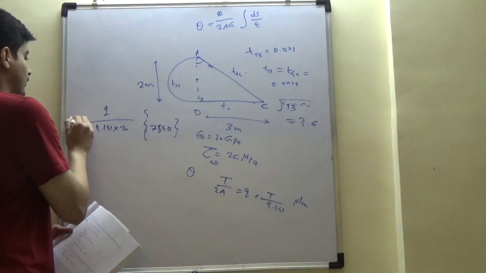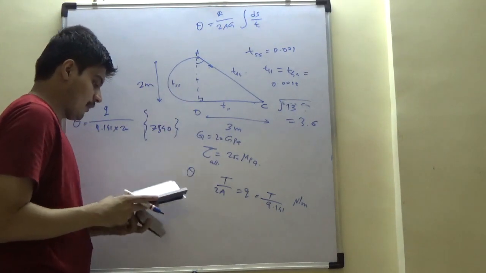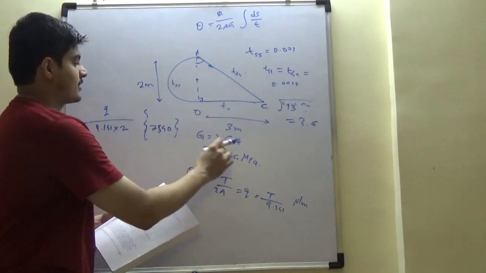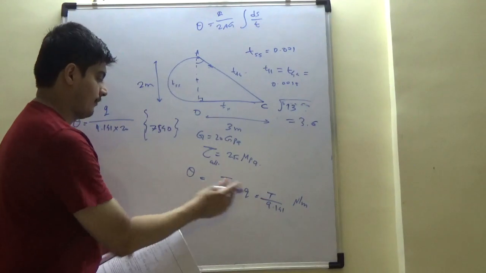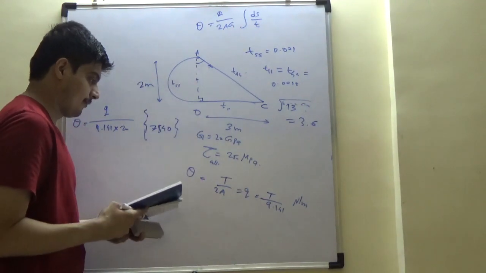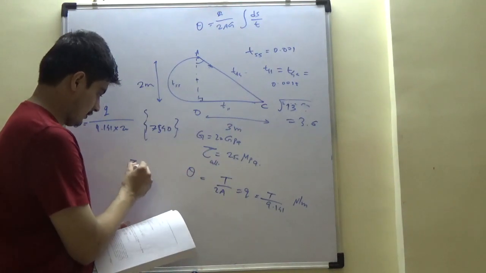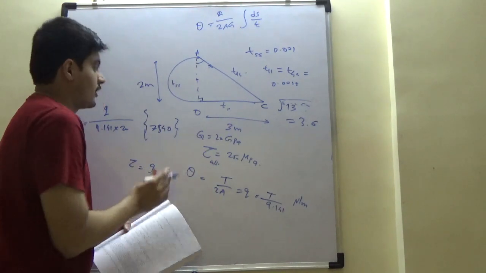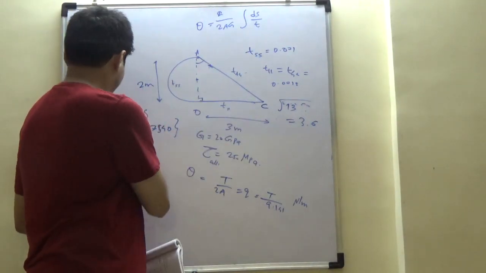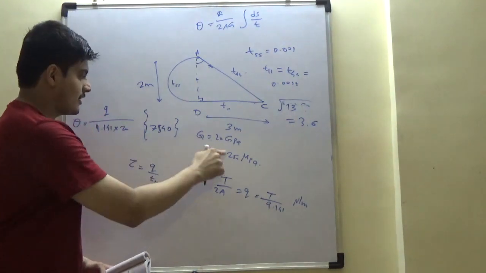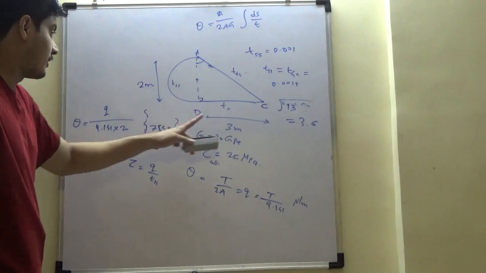This is theta. Now, once we know this, we also know from this relation of theta, which is T upon 9.14, the shear flow. If I compare these two, the shear flow is uniform across. So Q upon T11 is the stress which is allowed. Now you have to be very smart.